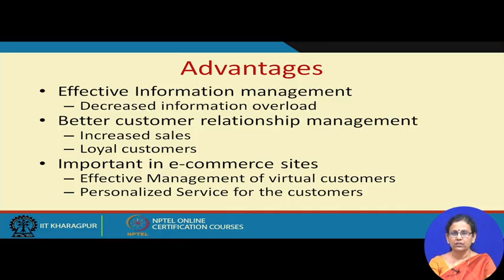Without much search, you will be knowing. So, in this situation, even if you do not know the detail of the product, you are still getting some information about the product. So, this is the benefit.